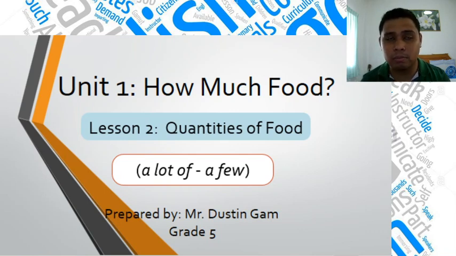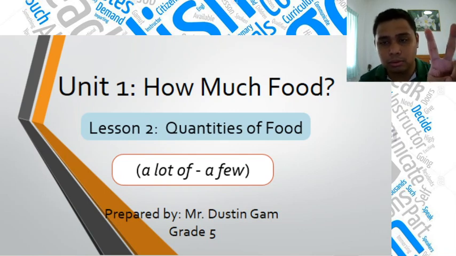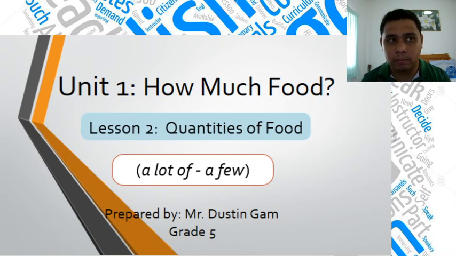So again, we move to our lesson 2, quantities of food using a lot of and a few. Later, I will show you how to use a lot of and a few in a sentence, and also by asking and answering questions.